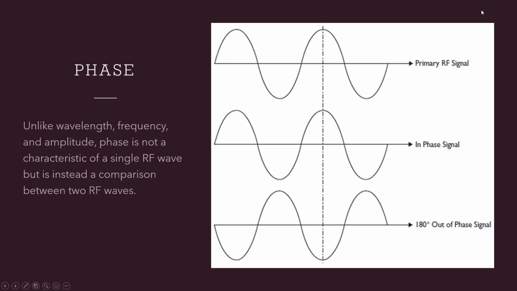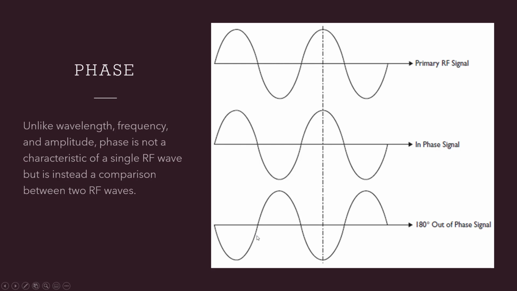Take the first one, the topmost one. That is my primary signal. If you look at the secondary signal, when the primary reaches the maximum, it reaches the maximum, and when it reaches the minimum, it reaches the minimum. Then again it goes like that. So we call these two in phase.